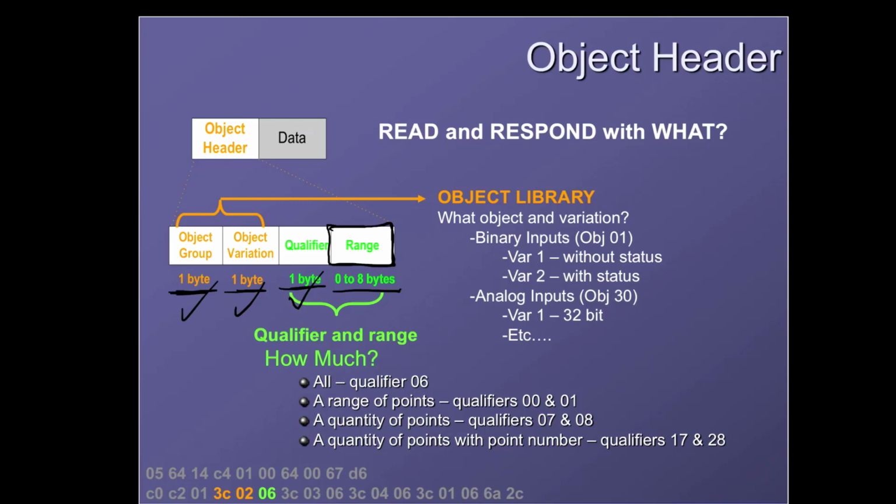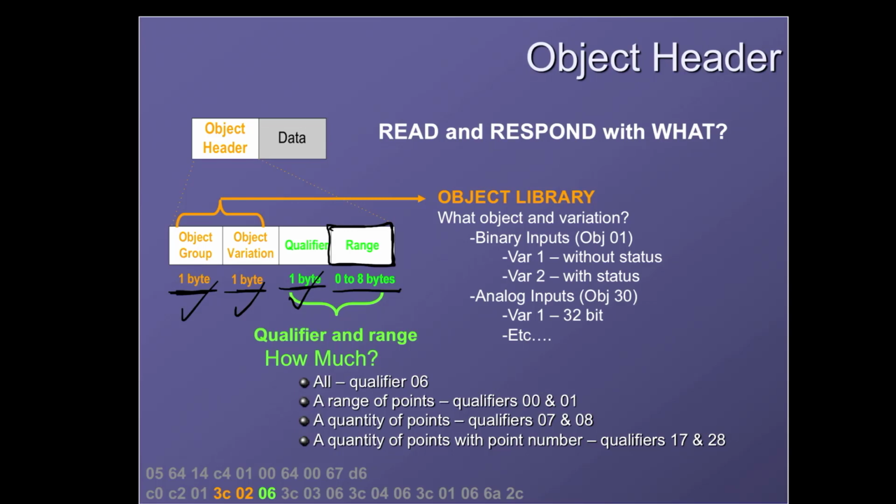And you could even ask for specific point numbers and point values as a list, one at a time. Point 15 in your DI, point 2 in your AI, point 3 in your analog output table, and so on. You can ask for data in that way. It's that versatile, and that's what makes this a lot more complex, this object header, when you're asking for a list of points and so on.